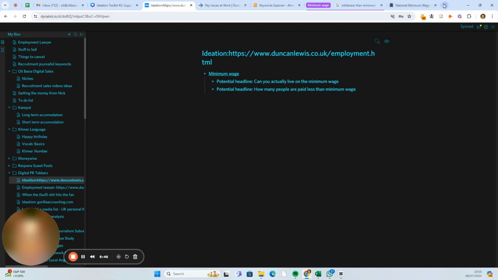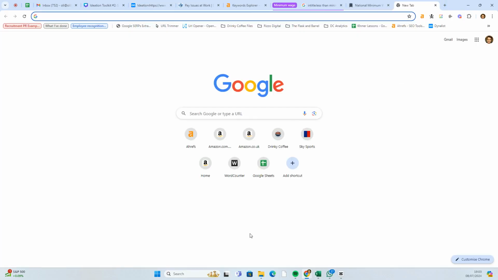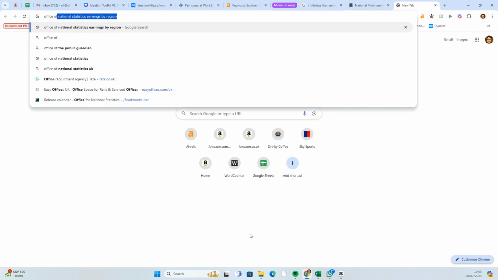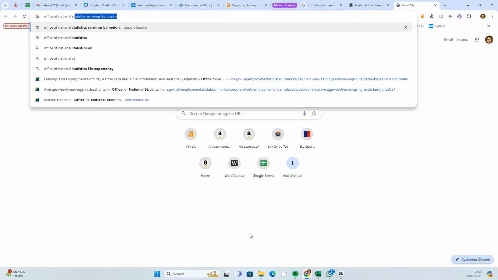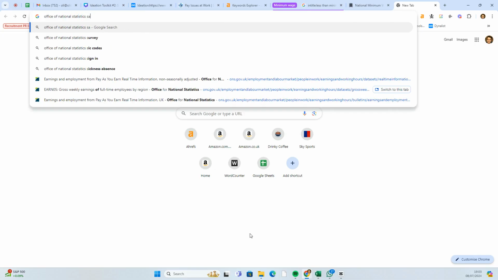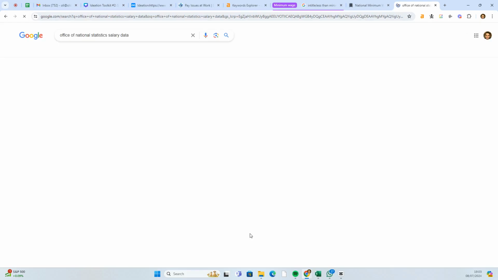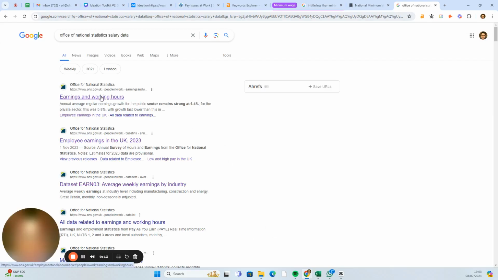So then the next thing you look at is, can we actually find this information? I know that the Office for National Statistics in the UK publish a lot of salary data. So let's go: Office for National Statistics salary data. Earnings and working hours.